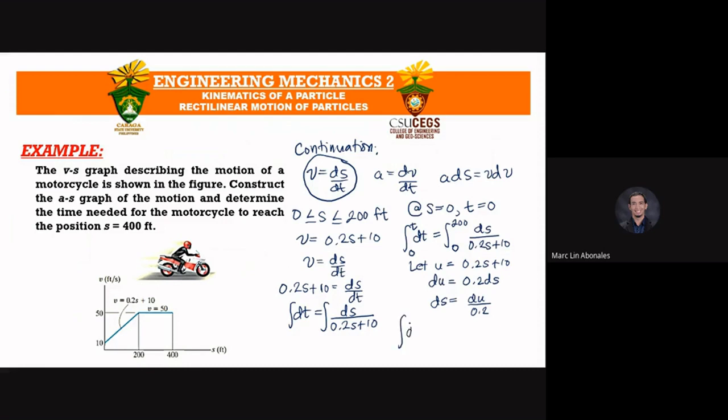So what happens here, this becomes the integral from 0 to t of dt is equal to the integral from 0 to 200 of du over 0.2 over u. Since 1 over 0.2 is constant, we can write it outside of the integral sign.